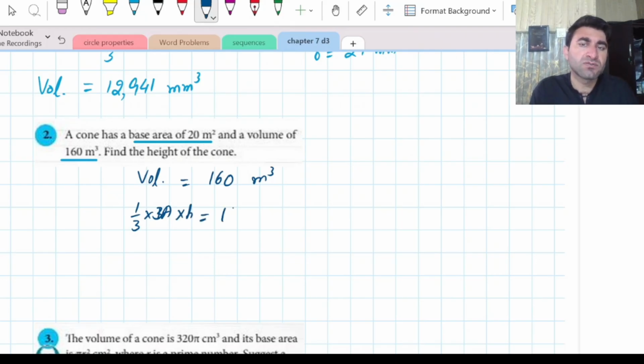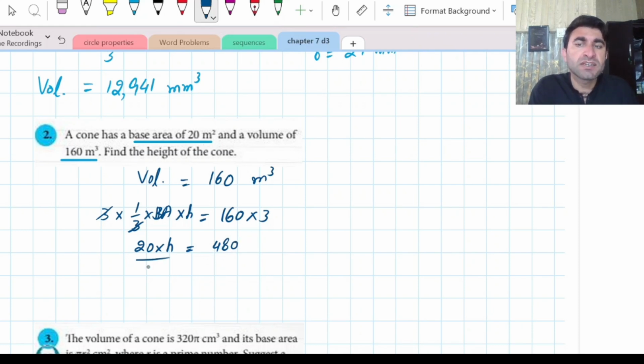We are given the base area value, and I'm going to multiply 3 on both sides in order to get rid of 3 over here. Now it is left base area times height, and we know base area is 20, so it is 20 multiplied by h, which equals 160 times 3, it is 480.